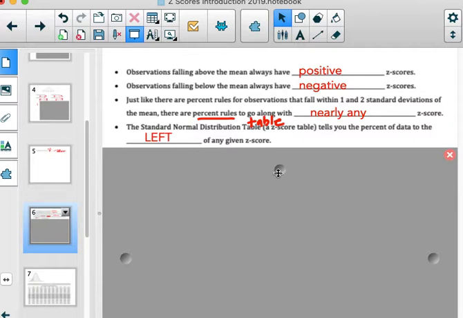All right, so again, put your name on this z-score table up in the top corner, but don't ever write any other mathematical things on this piece of paper, okay?